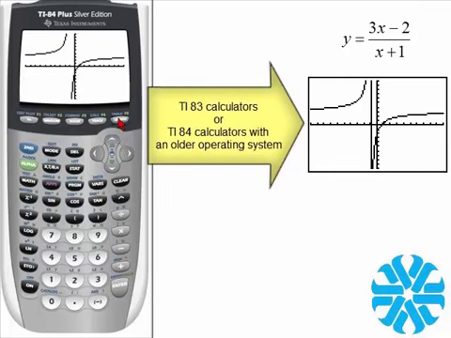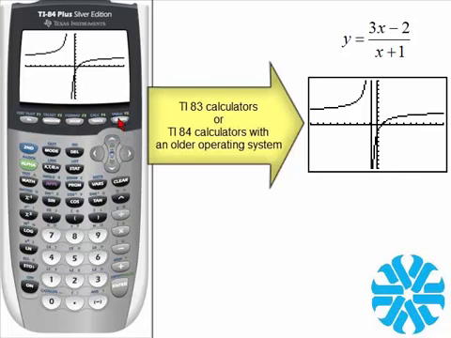And on the first example, I explained in detail how to get your calculator updated to the newer operating system if you have a TI-84 series calculator, and that will allow you to get rid of that viewing of the vertical asymptotes. Or if you have a TI-83 calculator, remember you needed to graph this in dot mode.